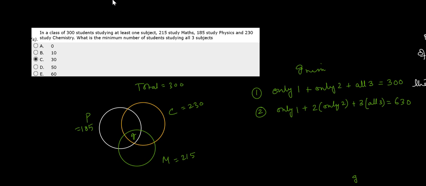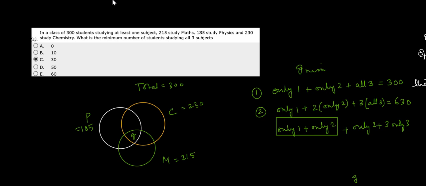Now from equation 2 I can write only 1 plus only 2 plus only 2 plus thrice only 3. I can write it this way.